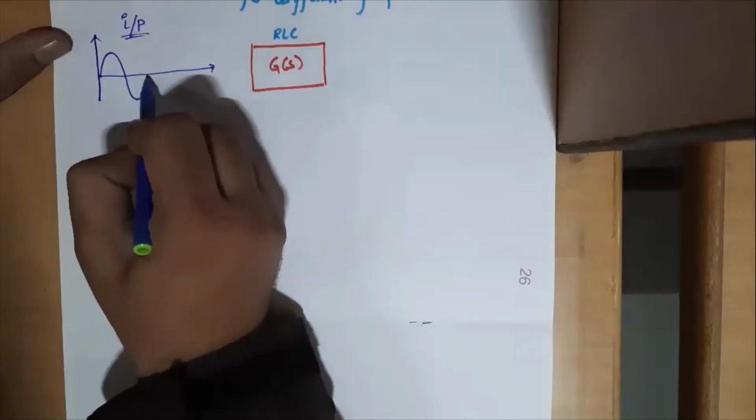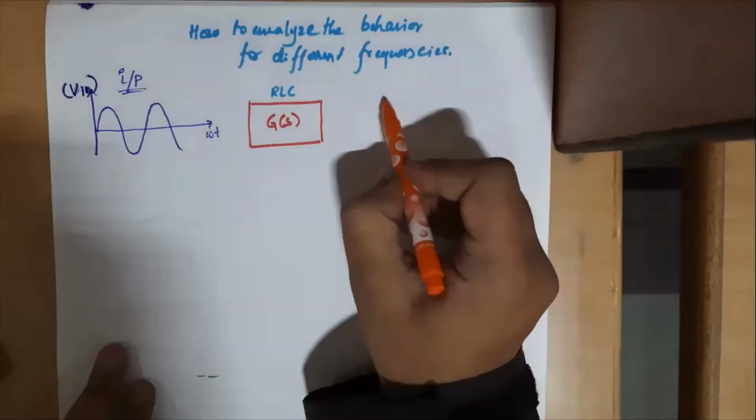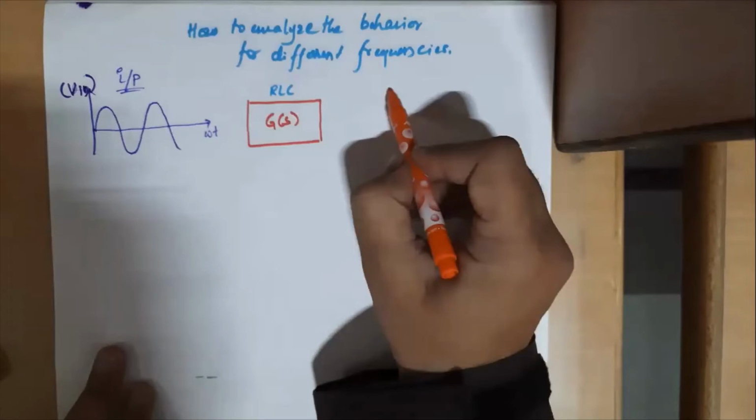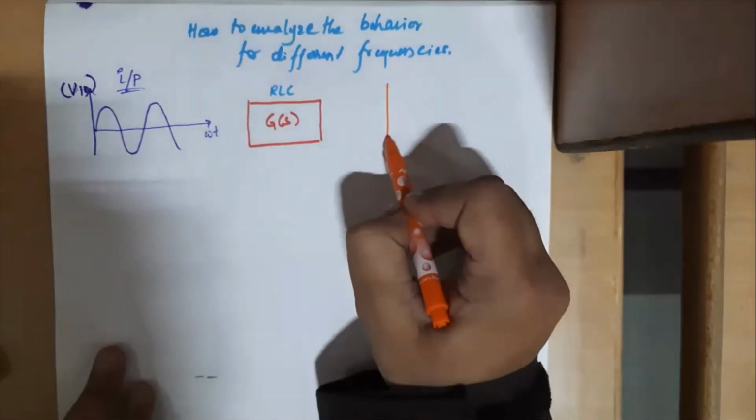So now let us see how to analyze the behavior of the system for different frequencies. What is meant by analyzing the behavior at different frequencies? We are already aware that the input is sinusoidal.